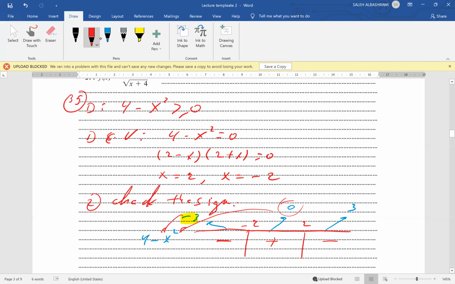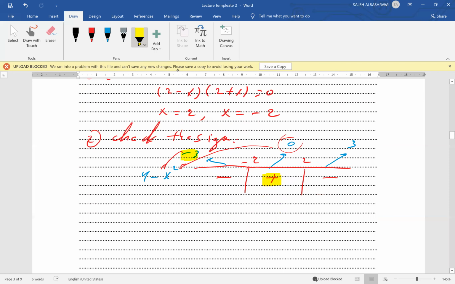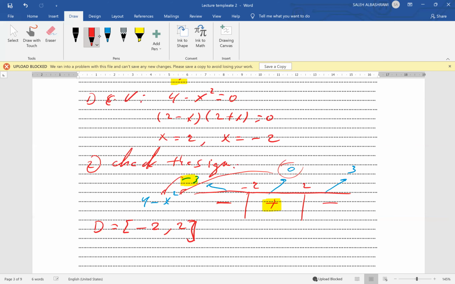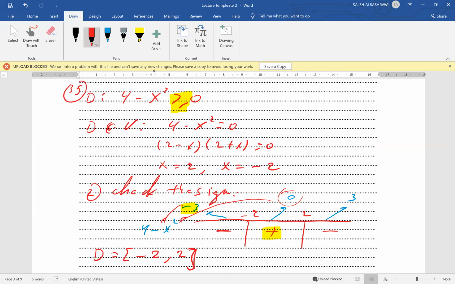And since we are looking for values greater than or equal to 0, we have to take the positive. So we can say the domain for this function is between minus 2 and 2, because I have equality there. So the domain for this function is between minus 2 and 2, closed interval.